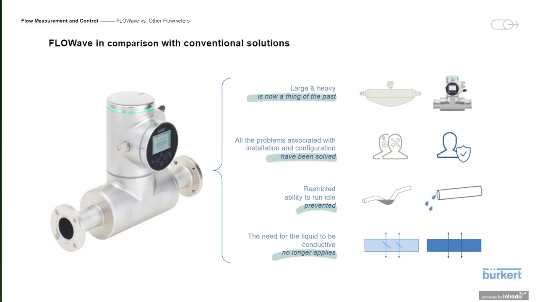It's just a pipe, so the drainability is solved and easy. And you can apply FlowWave to all kinds of liquids independent of conductivity. So you can apply it for clean water, purified water. You can also apply it for oils. You can apply it for milk or chocolate, even highly viscous liquids. That is a big advantage and a highlight for FlowWave.